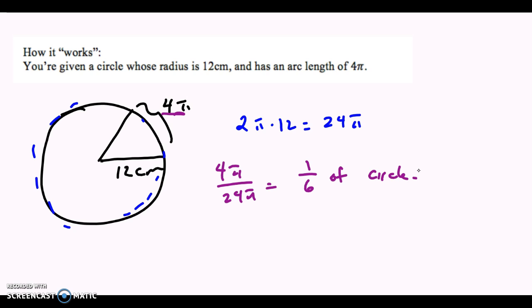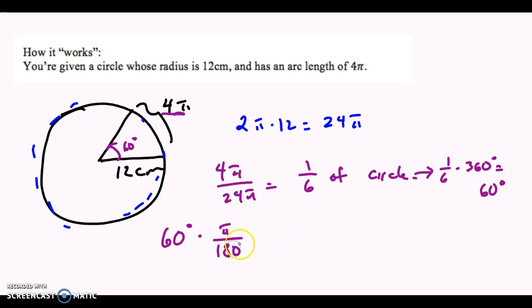Now, 1/6 of a circle is 1/6 of 360 degrees, which is exactly 60 degrees. So this angle that's opening up is 60 degrees. Now, if I remember my conversion ratio to radians, 60 degrees times pi over 180 gets me pi over 3.